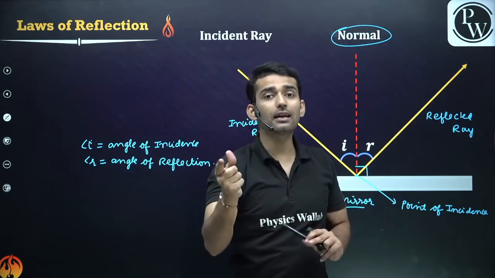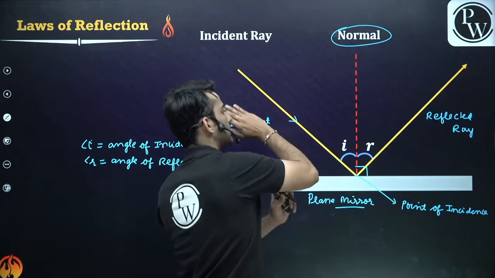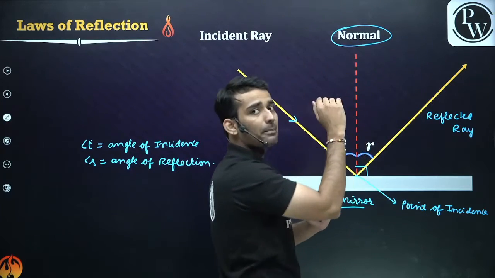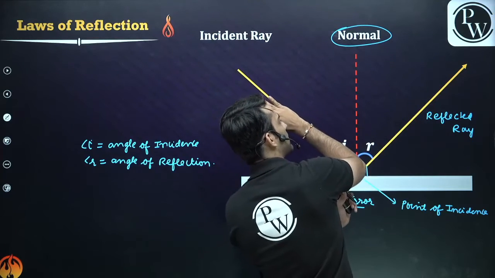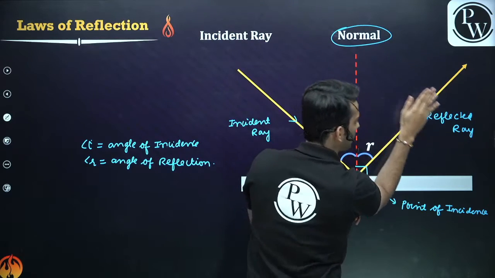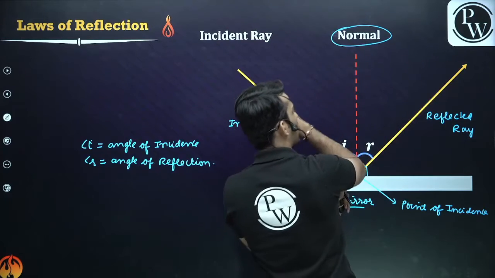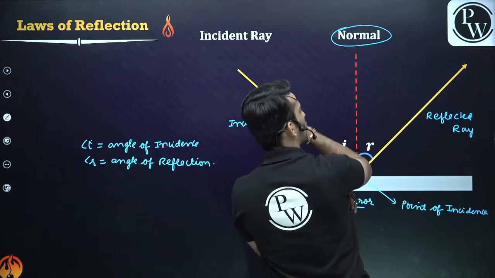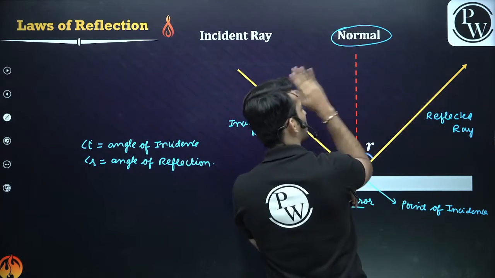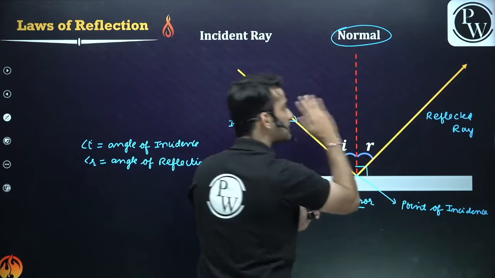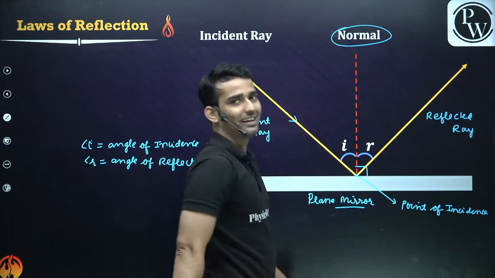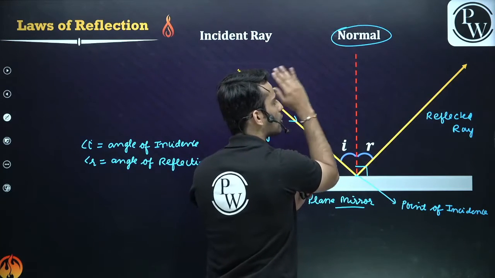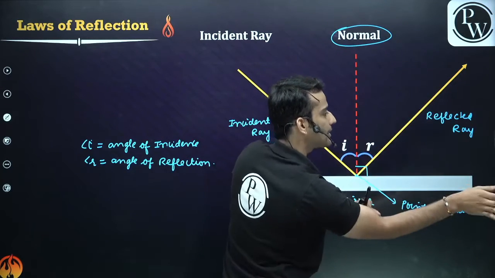So for example, I am moving my hand like a wiper. I am starting from here: incident ray, normal ray, reflected ray. Can you see? The motion is in one go, right? It's moving like a wiper of a car. So all these three rays should come in this plane. It's not like the incident and the normal are like this and the reflected ray is coming out of the board.